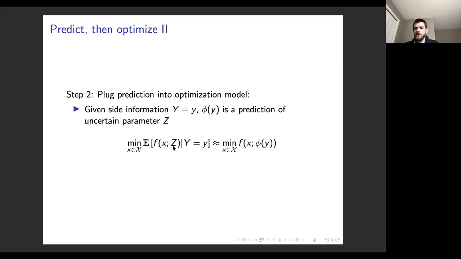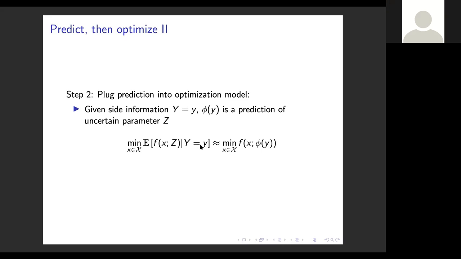In this particular expectation, we've conditioned on the side information already, and we're just taking the expectation over the uncertain parameter. For example, in a vehicle routing example where your side information is maybe a weather forecast, this expectation would be the expected cost of your vehicle routing given the side information, the weather conditions.